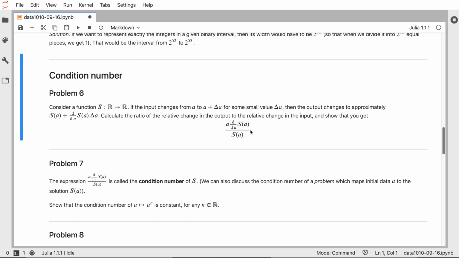It turns out to have the derivative in it, but then there are also these extra two factors. So we divide by s of a, since a really large output results in a smaller relative change in the output. And similarly, we multiply by a in the top, since if the input is very small, then changes in the input are larger in relative terms.